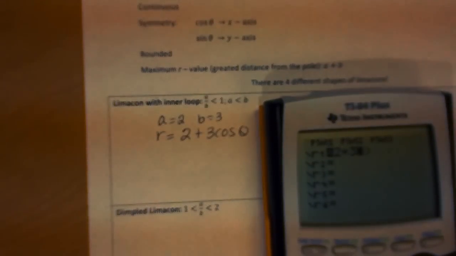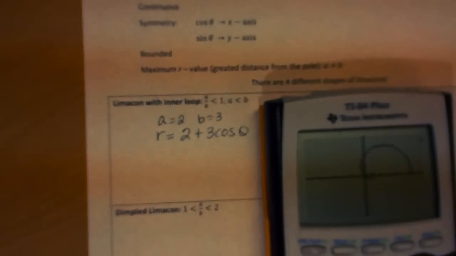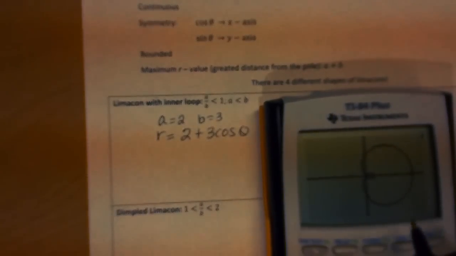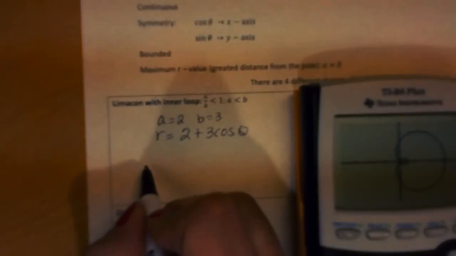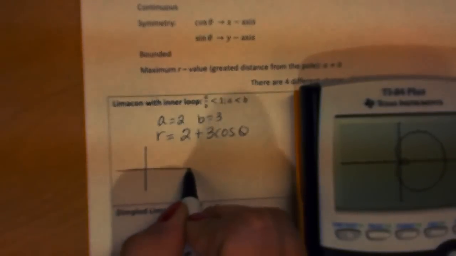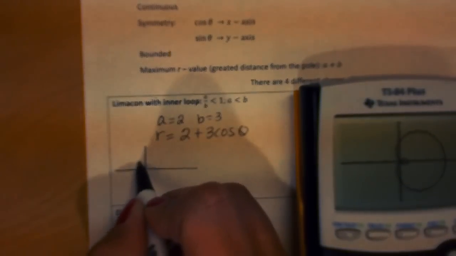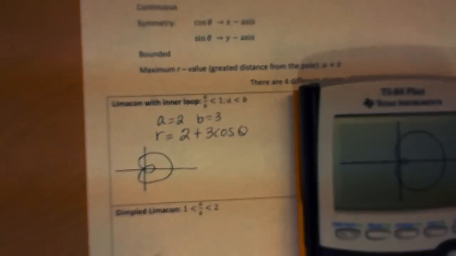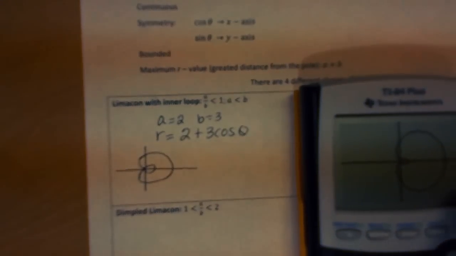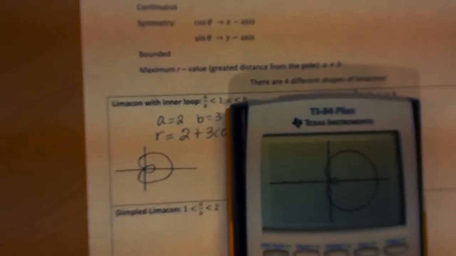And if I hit graph, I get this nice circle, and it has a little baby inner loop here in the middle. So if you could just go ahead and sketch that here on your graph. It looks something like that. It's a little prettier on the calculator, but that's okay.